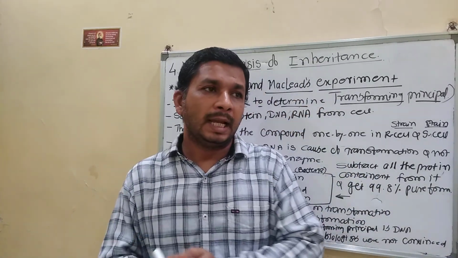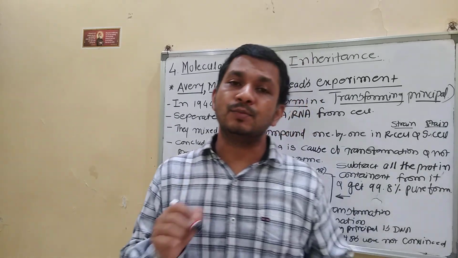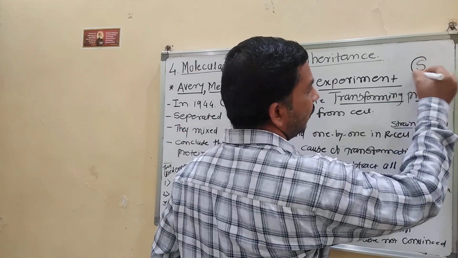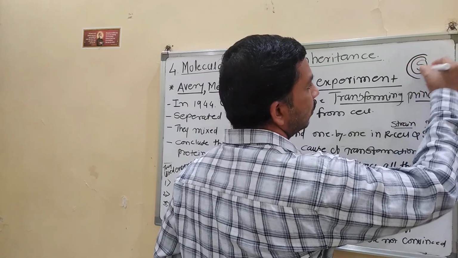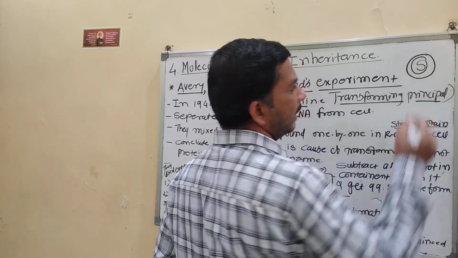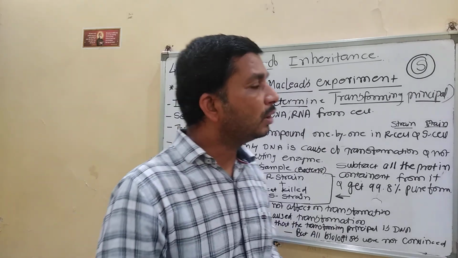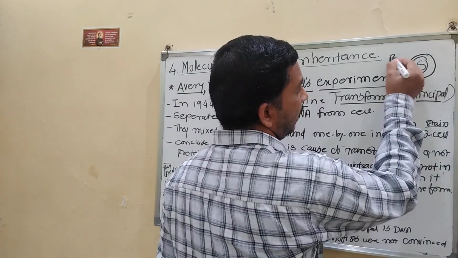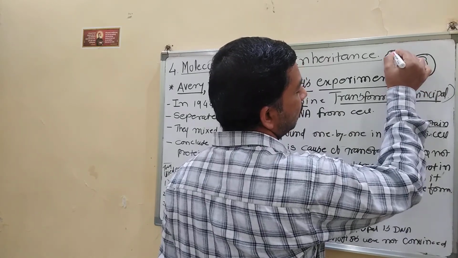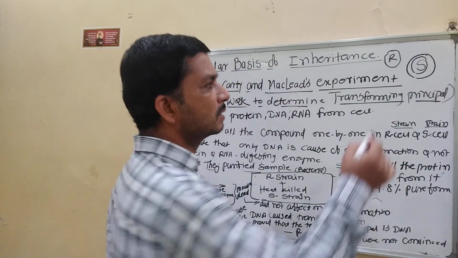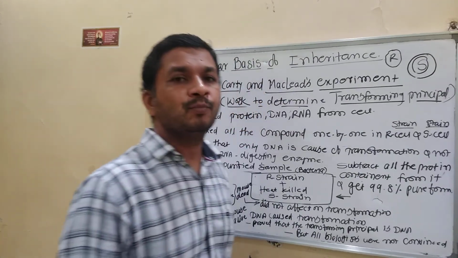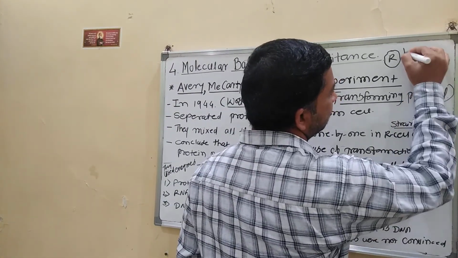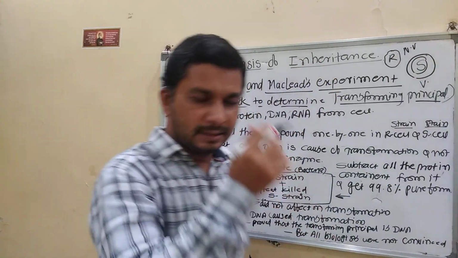We call S strain bacteria smooth because it has a coating of polysaccharide layer. R is rough because it doesn't contain a polysaccharide layer. This is virulent and this is non-virulent in nature.